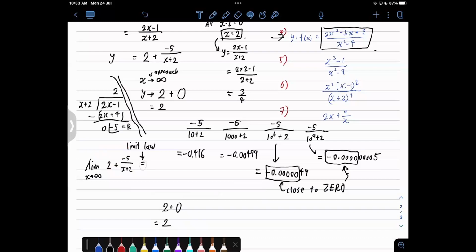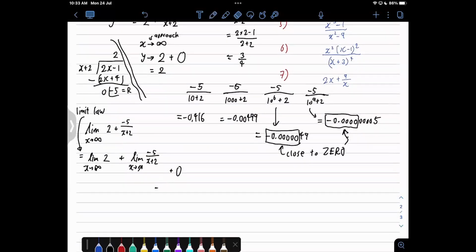This becomes the limit of 2 as x goes to infinity plus the limit of the other fraction. So you sort of distribute the limit. It looks exactly like differentiation, right? You can differentiate term by term. This one you can take the limit term by term as well. This is independent of x, so it just remains as a 2. This guy goes towards 0, so it becomes a 0. 2 plus 0 equals 2.